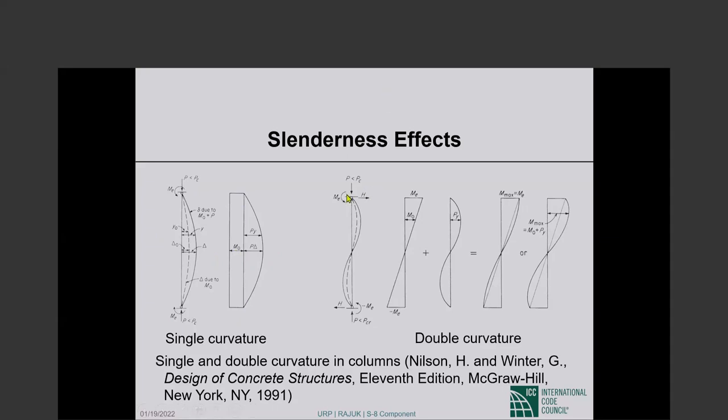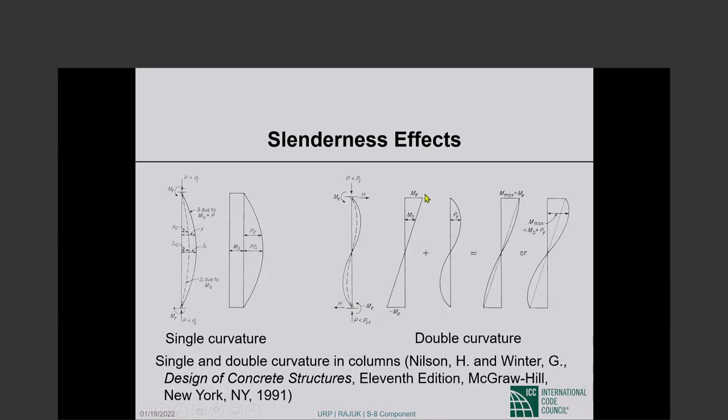Now in the second picture, the end moments are, you can say, in the same direction. Here they're opposite, whatever. The end moments cause double curvature of the column. Okay, the end moments themselves cause the deflected shape shown by the dotted lines, and then the P delta effect adds to that and gives us this deflected shape.